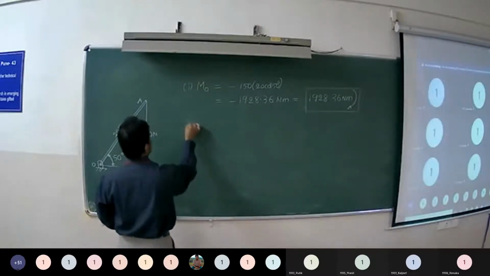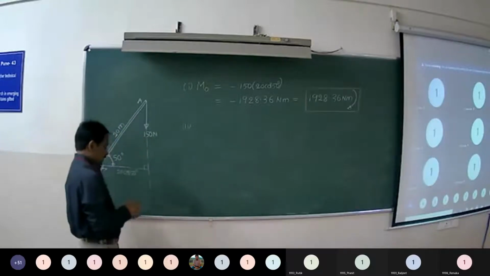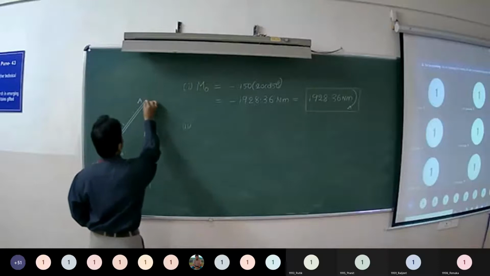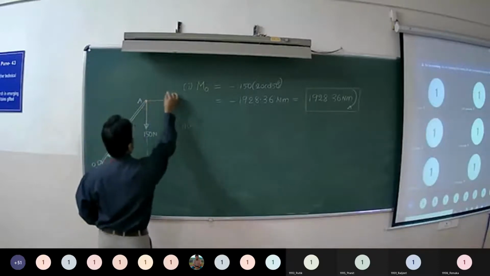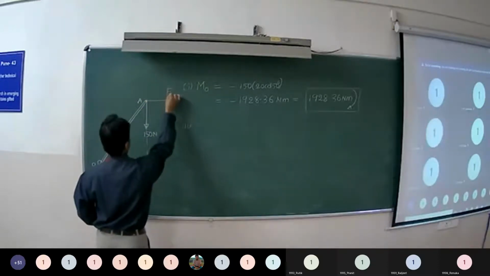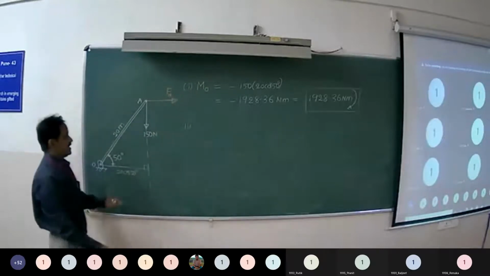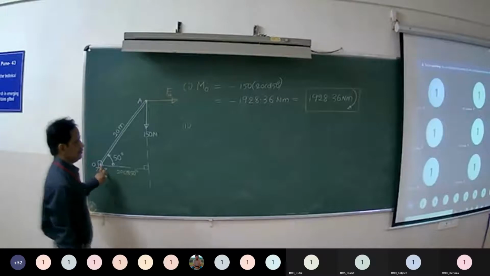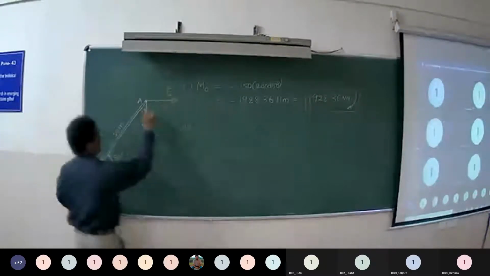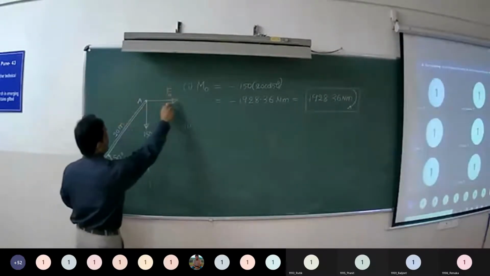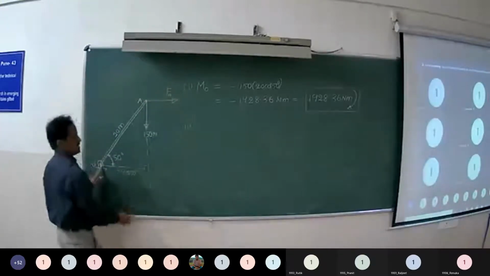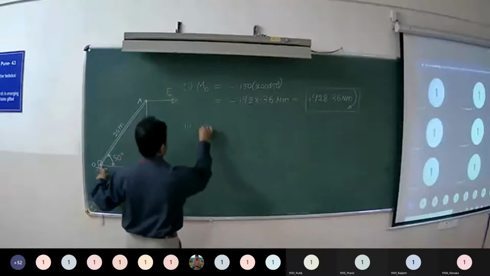So the second part. You have to find out the horizontal force applied at A. I am saying it is FH, which creates the same moment about point O. Now tell me what is the moment of this FH about point O? It is creating clockwise moment.